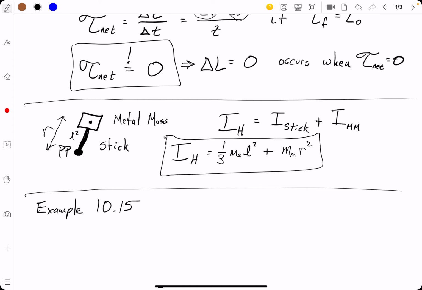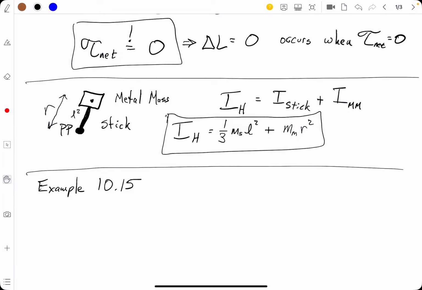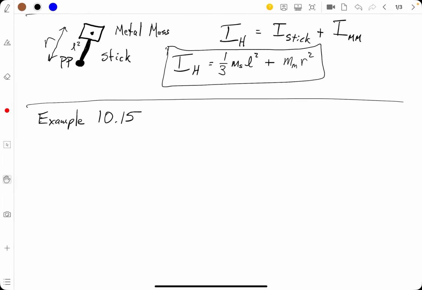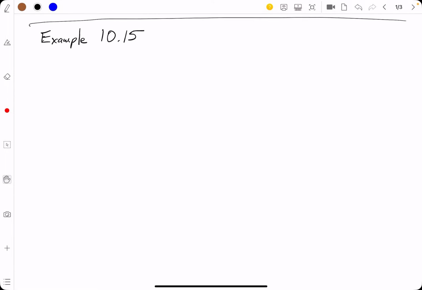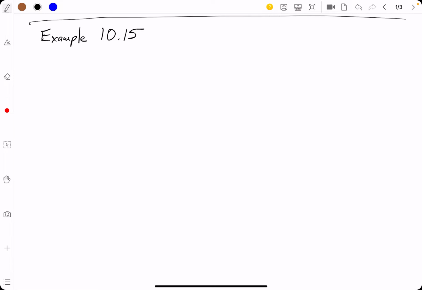Let's do that. We're going to start fresh, on a table. Here's our table. There's a stick that's going to spin around in a circle.